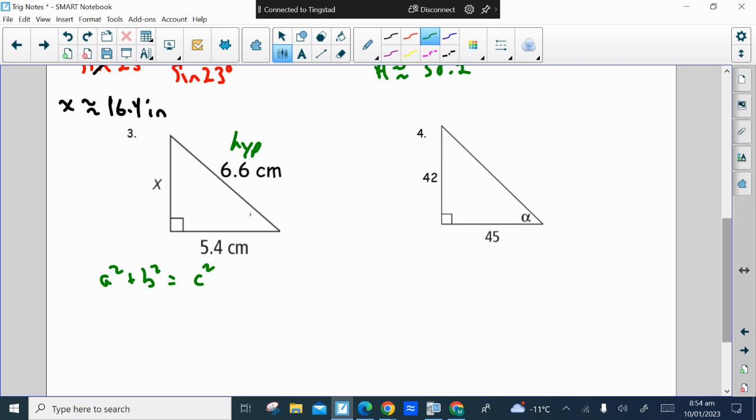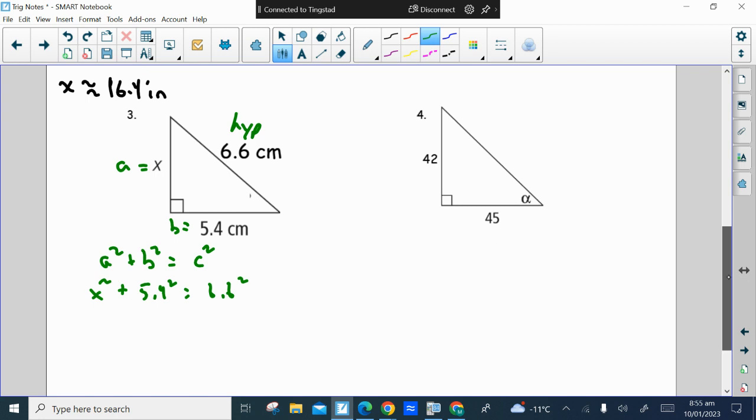So C is the hypotenuse, A and B are the two legs of the triangle. It doesn't matter which one is A and which one is B. So if I say that x is A and 5.4 is B, I would get x squared plus 5.4 squared equals 6.6 squared. Remember, with Pythagorean theorem, the sides are all squared.